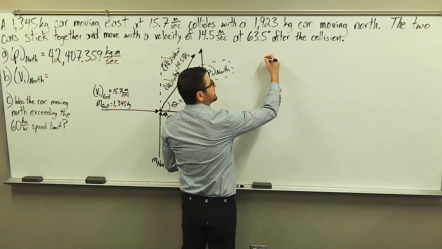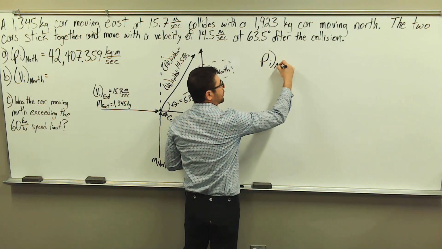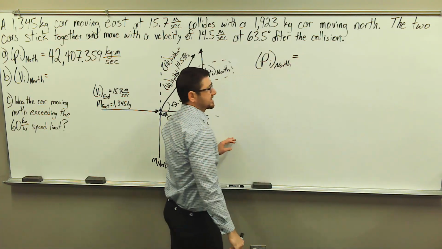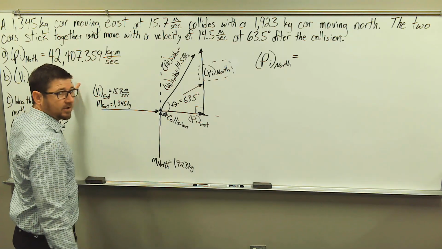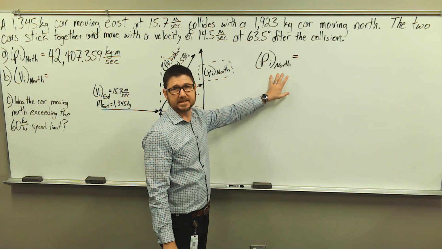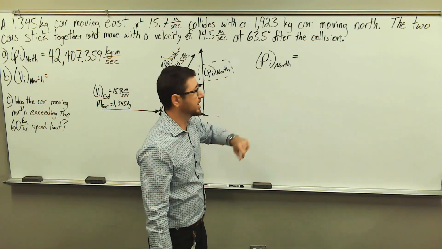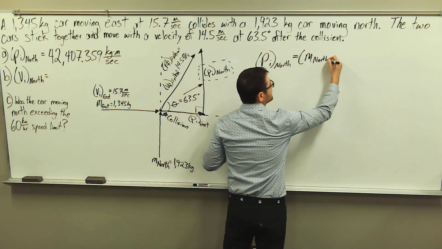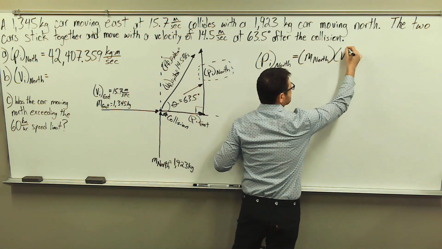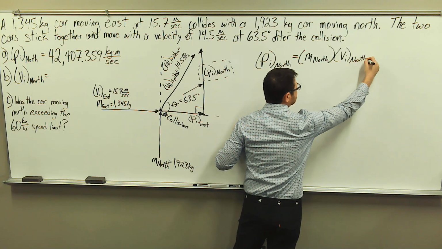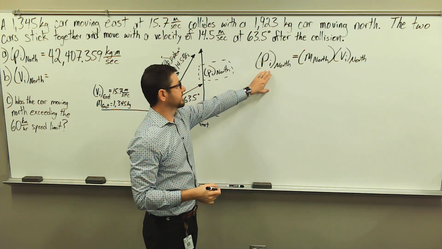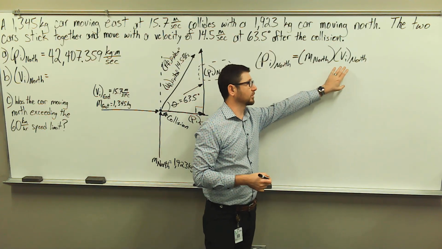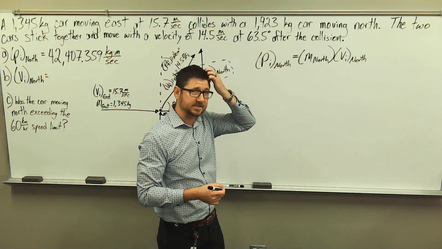So we know the initial momentum for the car moving north. Now we already have the value here, but to calculate this, this is going to be the product of the mass of the car moving north and its initial velocity. Okay? So we know the initial momentum, we know the mass of the vehicle, and we're going to calculate the initial velocity of the car.